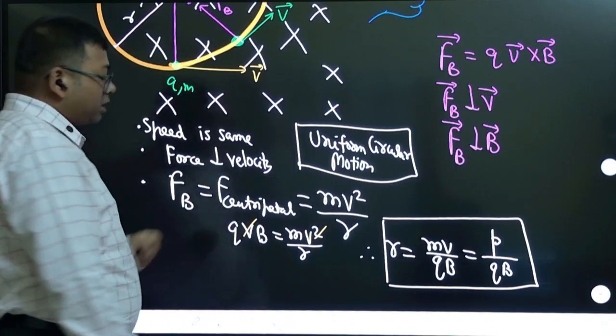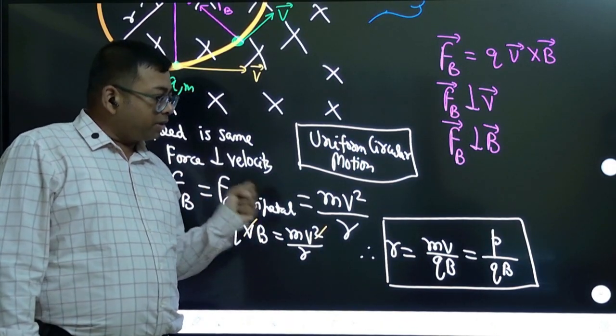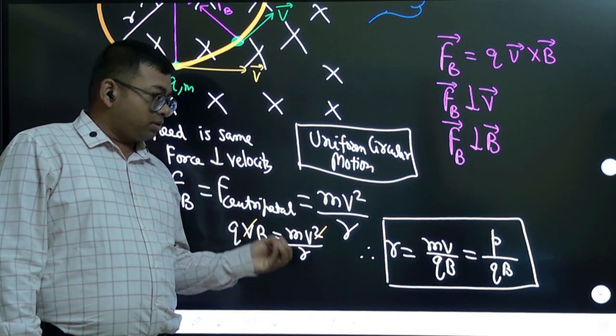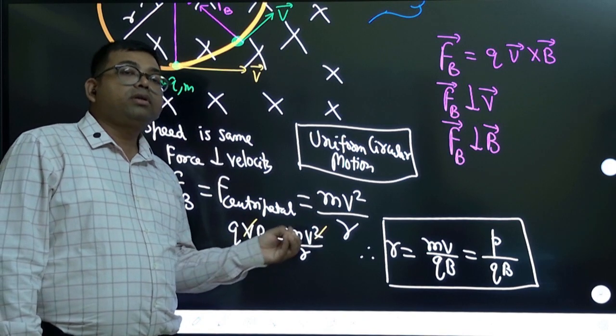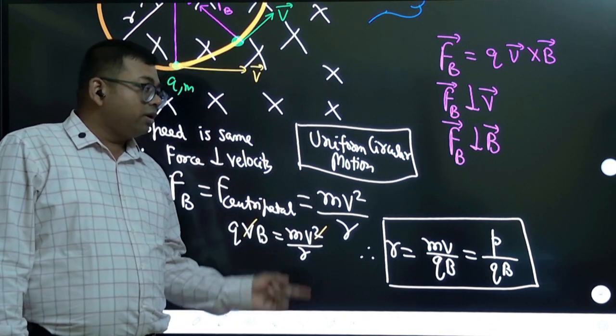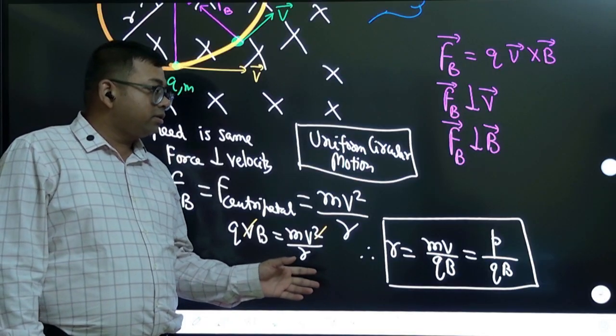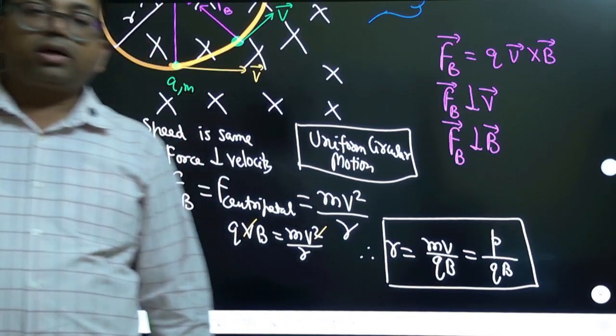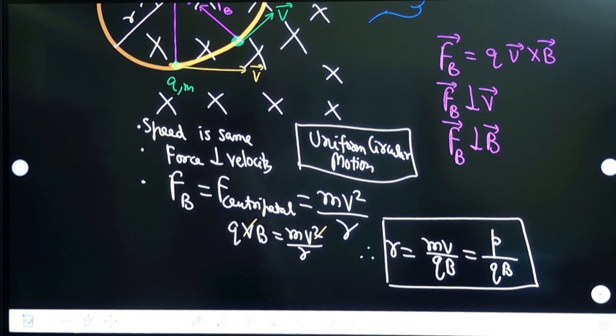So if a charged particle is projected perpendicular to a uniform magnetic field, then the charged particle will go in a uniform circular motion. The radius of that circle is mv by qB, or momentum by qB. Clear?